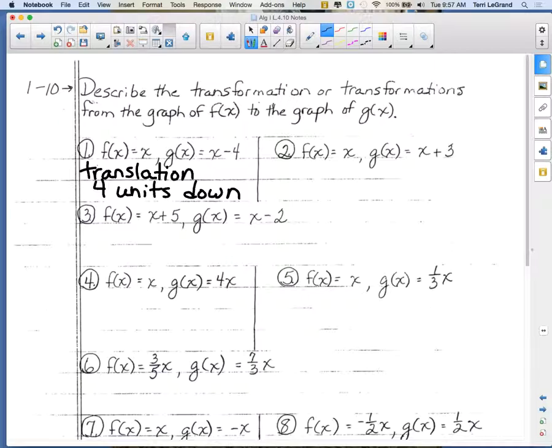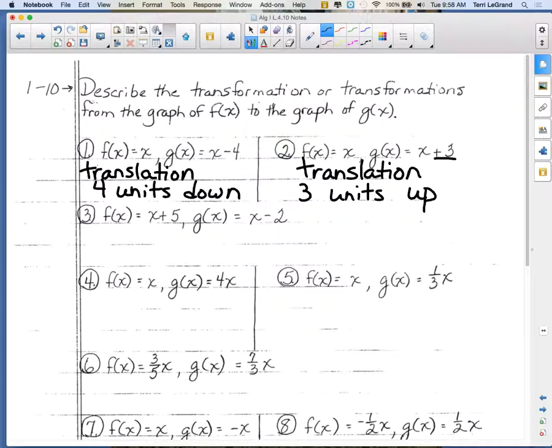Yes or no? As soon as you see that, you say, oh, there's the parent. Okay, Lindsay, what happened? Translation, moving the top. Yeah. It was a translation because only the y-intercept changed. Only the y-intercept changed, and it is 3 units up.